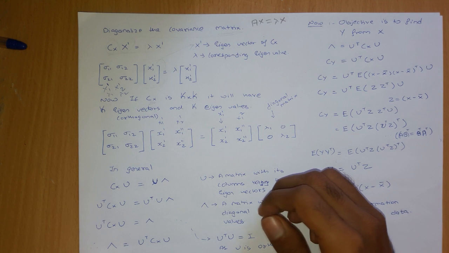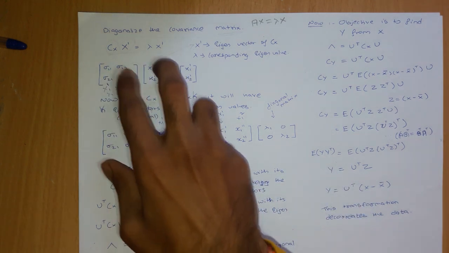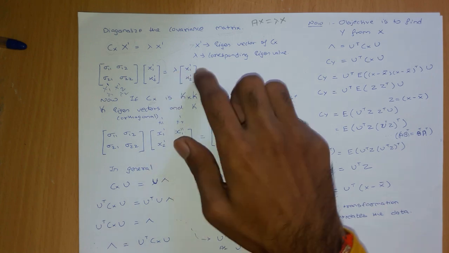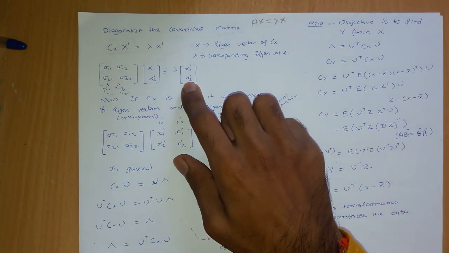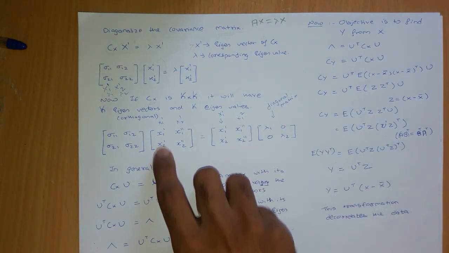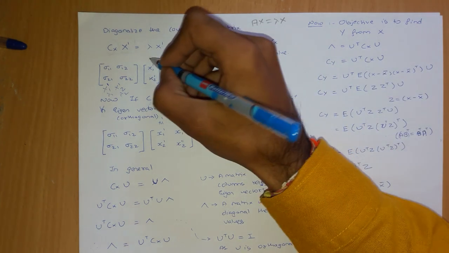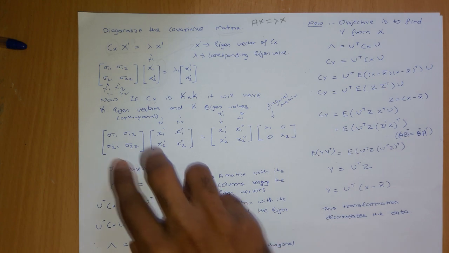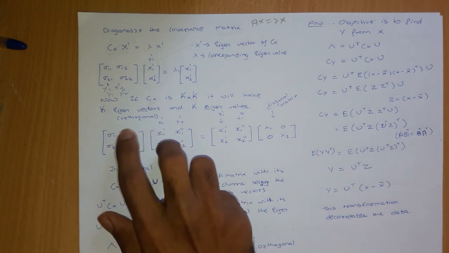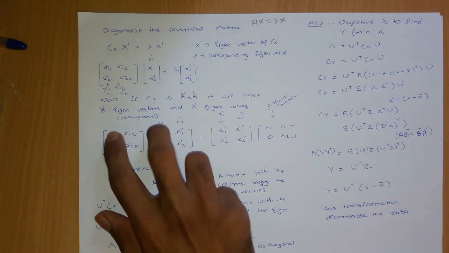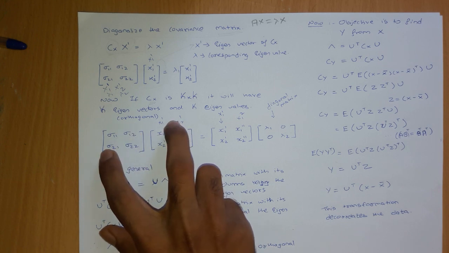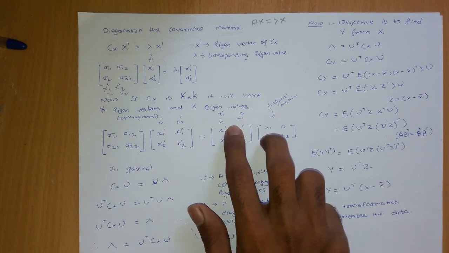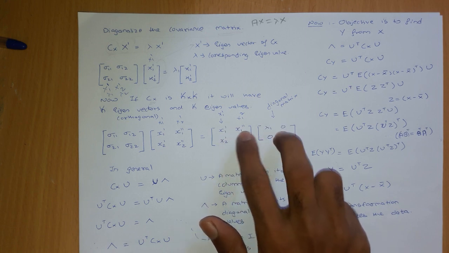To visualize this, when you are multiplying this into this plus this into this, you are getting lambda times x1 plus lambda times x2. Say this is some x1 dash, so this will be lambda 1. Here this plus this gives you this and 0, and this and 0.